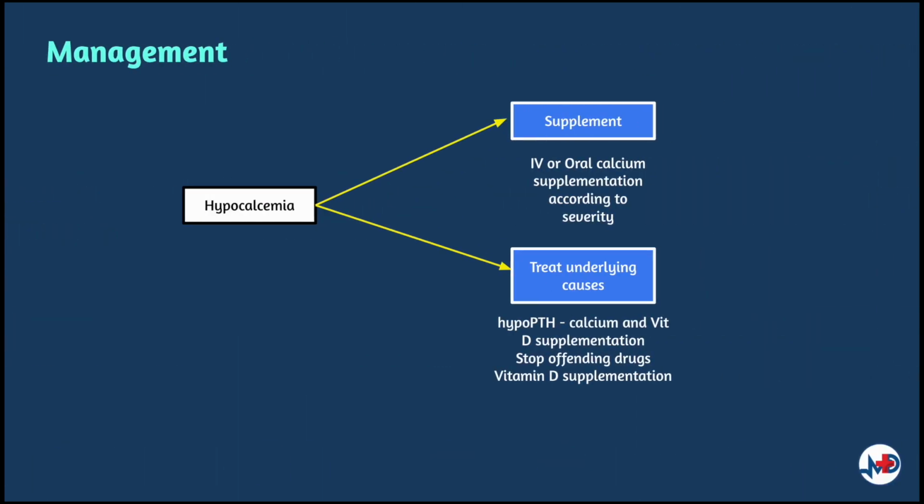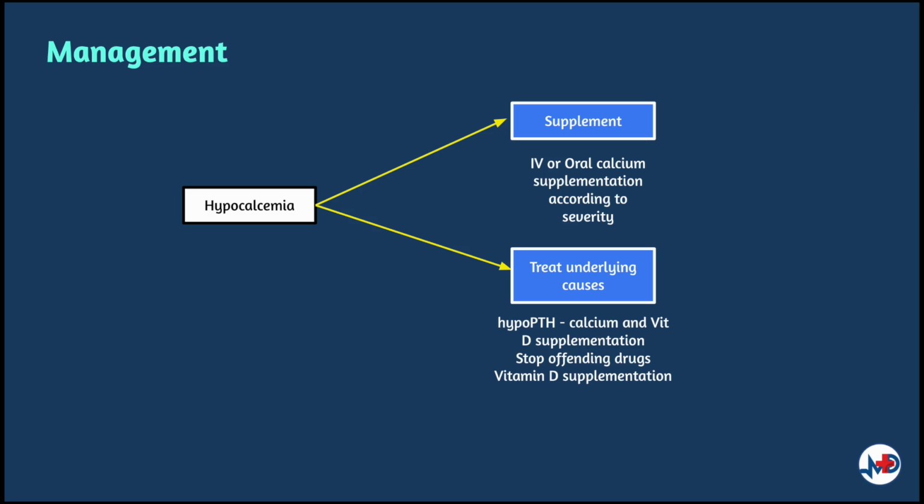The mainstay therapy of hypocalcemia consists of calcium supplementation and the treatment of the underlying cause. Calcium supplementation can be provided according to the severity of hypocalcemia. In severe and or symptomatic hypocalcemia with presence of tetany, seizures, prolonged QT interval, and serum calcium of less than 1.9 millimoles per liter, you may provide the patient with intravenous calcium supplement, either calcium gluconate or calcium chloride, and consider transfer to the critical care unit.